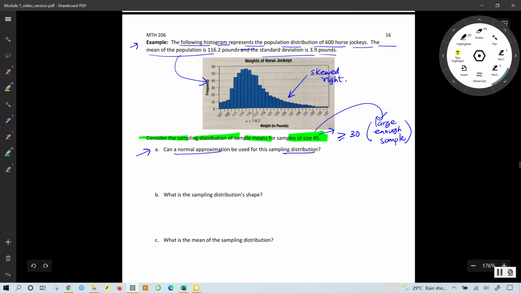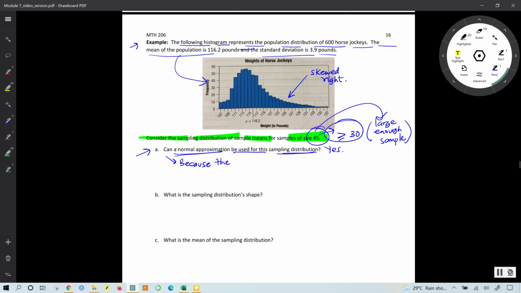In other words, the answer to question A, can a normal approximation be used for this sampling distribution? The answer is yes. And the reason is because the sample size 45 is large enough, that is, it is greater than or equal to 30, we are still allowed to use the normal distribution to approximate the sampling distribution of the sample means.